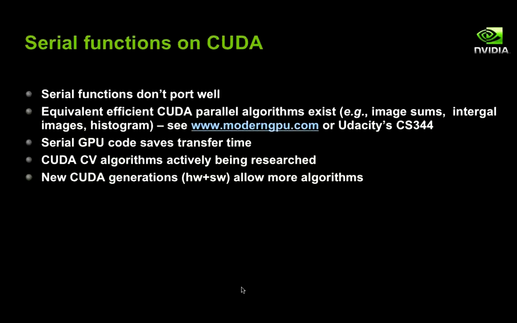And then I want to talk some more about the serial functions that I mentioned previously that actually don't port very well to parallel architectures. An example of that was the Canny edge detector.